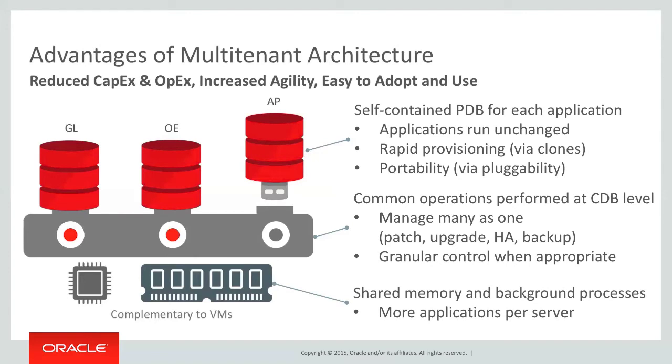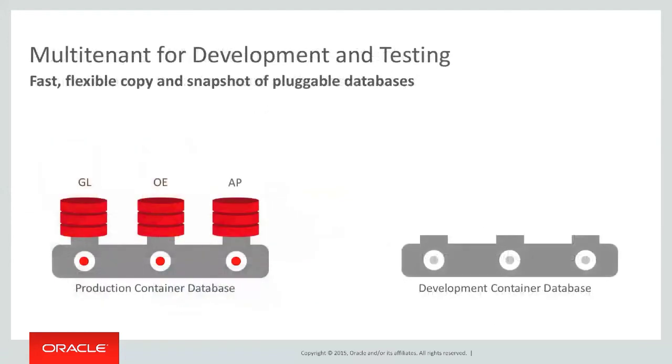You've only got one set of these things. And by eliminating this unnecessary replication of overheads, it leaves a lot more processing available for the actual application workload. And therefore, you can get more applications per server. And it's much cheaper to run. So that's the basic overview of the architecture.